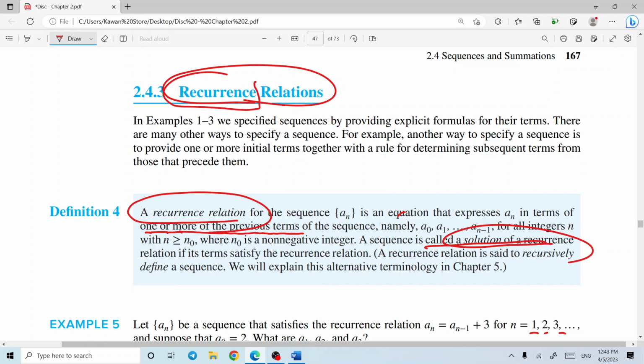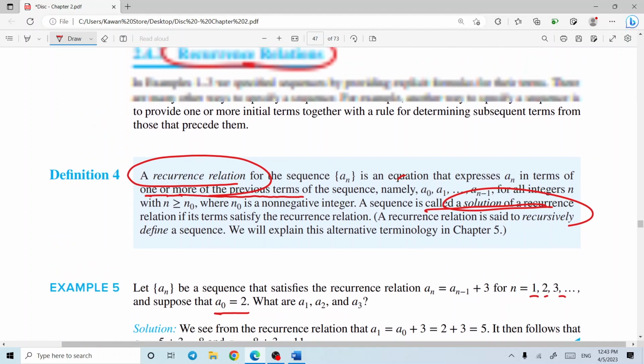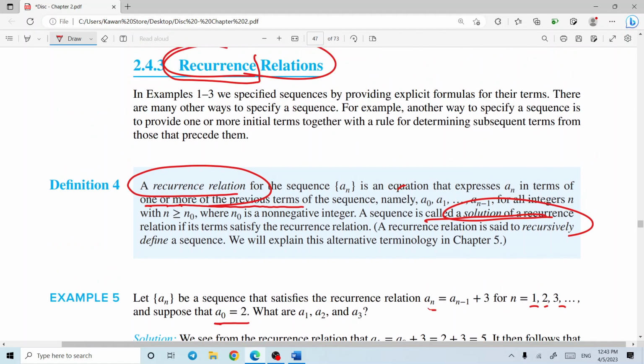Okay? Good. So how? I should start with 1. I have A1 equal to A(1-1), which is A0, plus 3. Because A0 is the given initial, I can find A1. So A1 is equal to 5. Now tell me about A2.